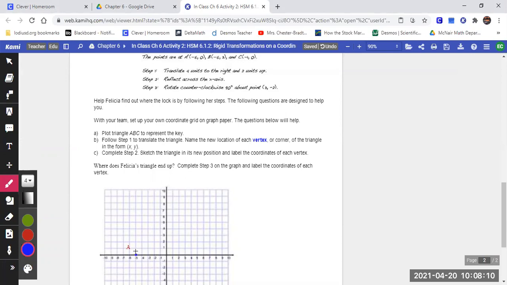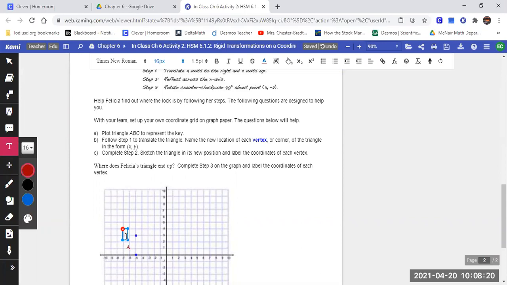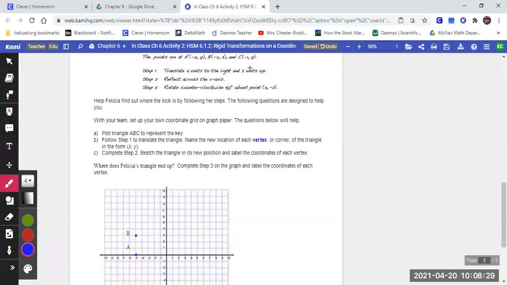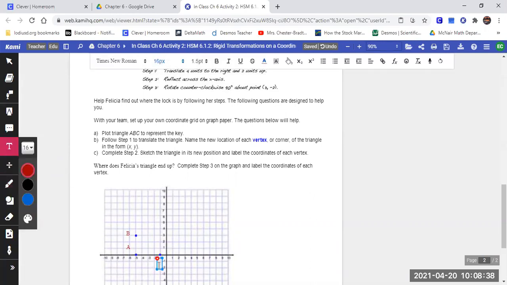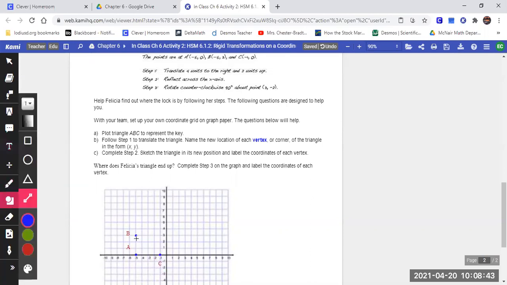So -5, 1, 2, 3. There's my B location. And they are capital letters. Please make sure they're capital letters. And then it says C is at -1, 0. So -1, 0 is back down here. And there's my C. Okay, and I'm going to connect them to make the triangle.